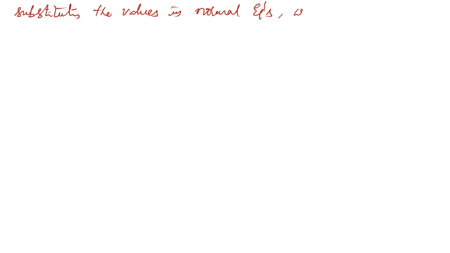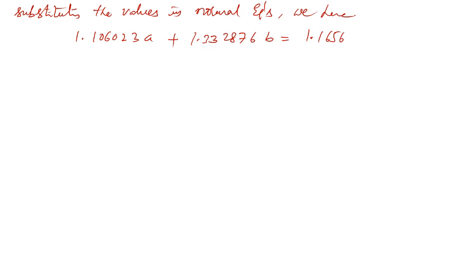Last step, substituting all the values in the normal equations, we have 1.106023a plus 1.332876b equal to 1.165642.